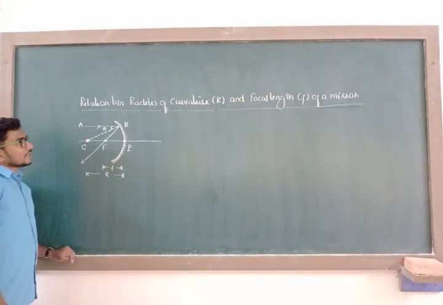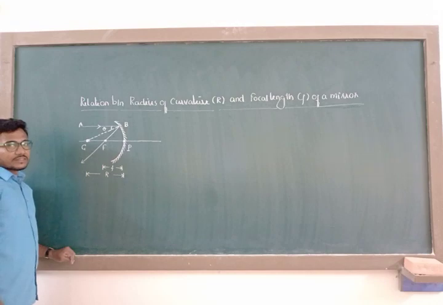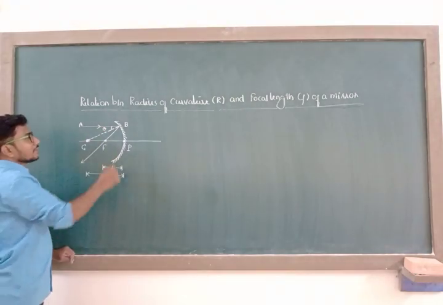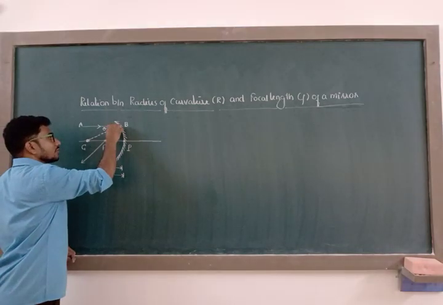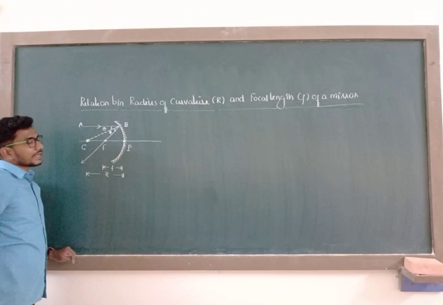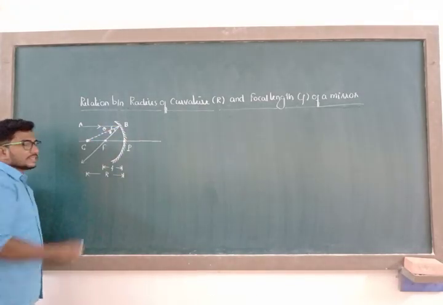We know that from laws of reflection, if angle of incidence is equal to theta, then angle of reflection is also equal to theta. So here angle of reflection is nothing but angle between a reflected light ray and a normal at the point of incidence.